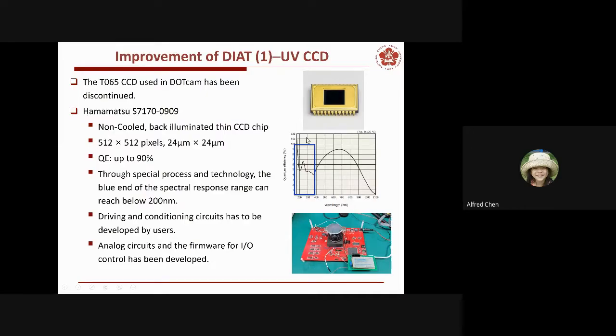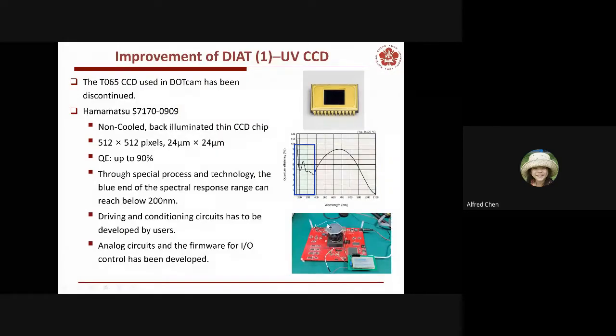But unfortunately, they only sold the user the chip, and the user has to develop the driving and conditioning circuit themselves. So that means, compared with T065, we had to spend a lot of time developing its drive circuit. This is the effort by our engineers.